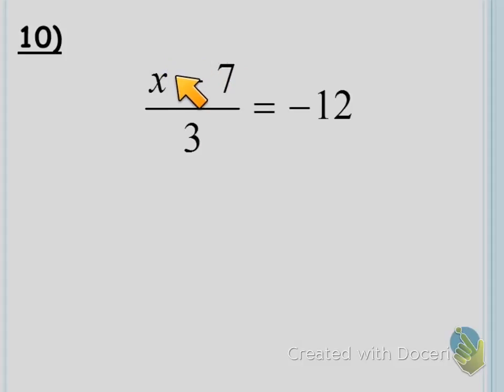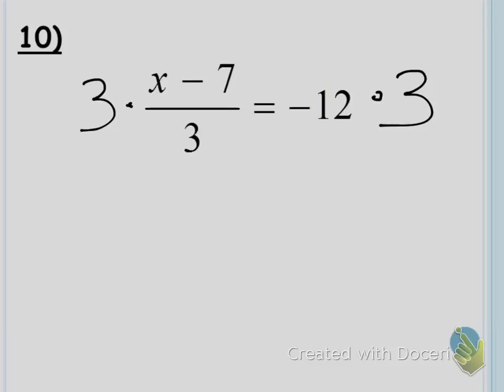No, there is somebody guarding that elevator. That's called the bodyguard. This 3 is like the bodyguard. You cannot get to the x or the 7 until you go through the bodyguard. So we need to multiply both sides by 3. The entire left side and the entire right side.